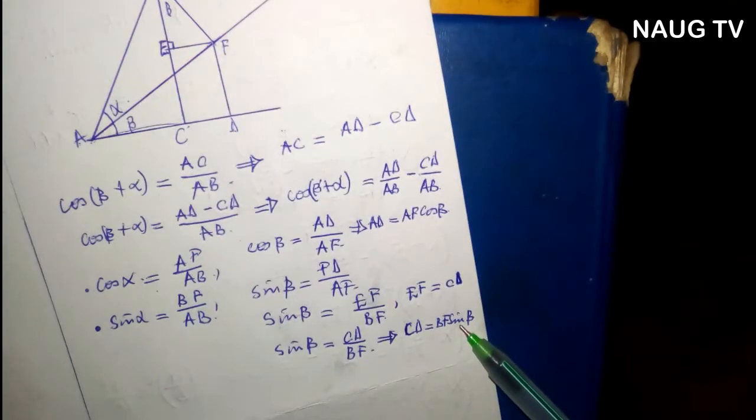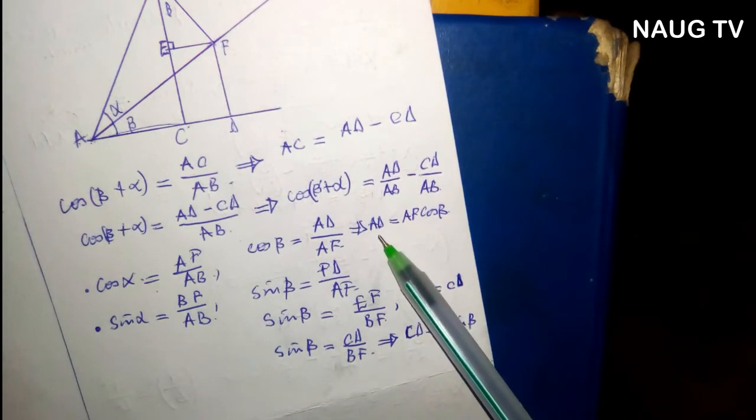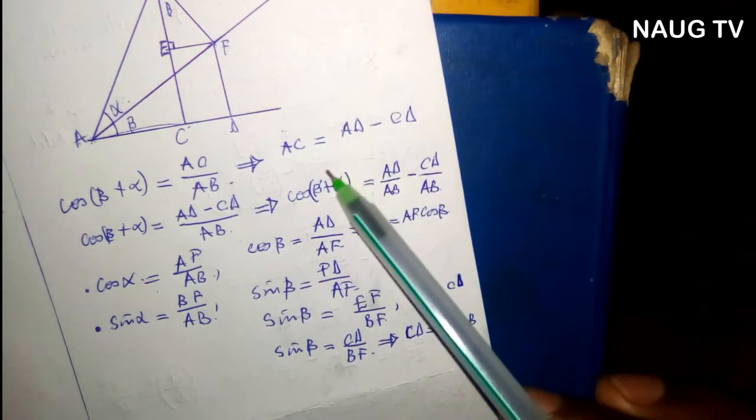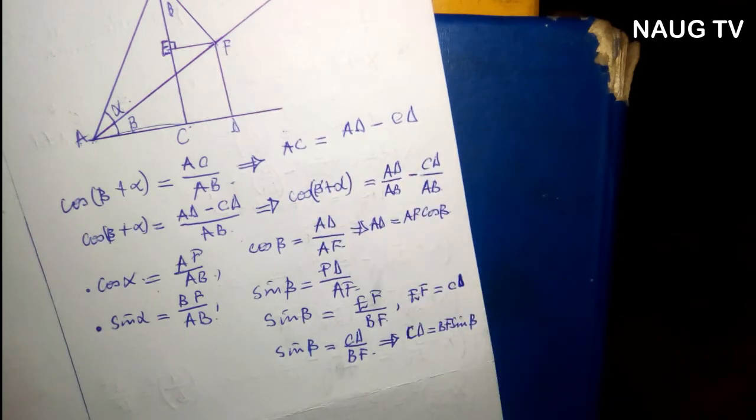So replace the value of CD and AD in this formula of cosine beta plus alpha.